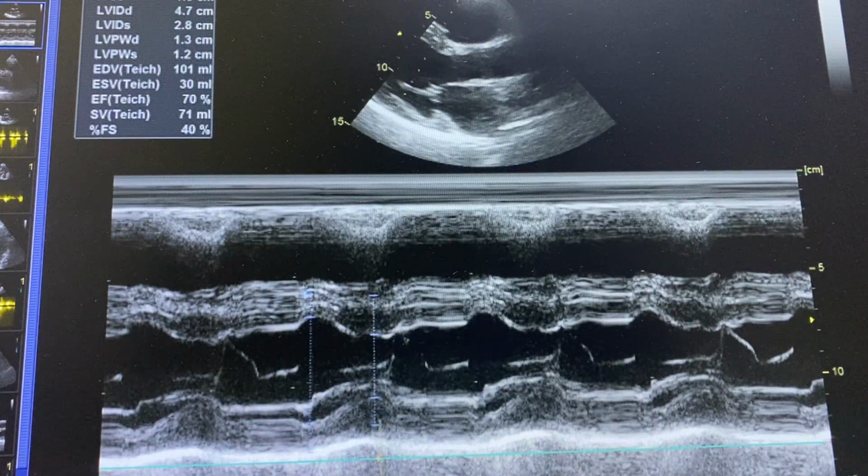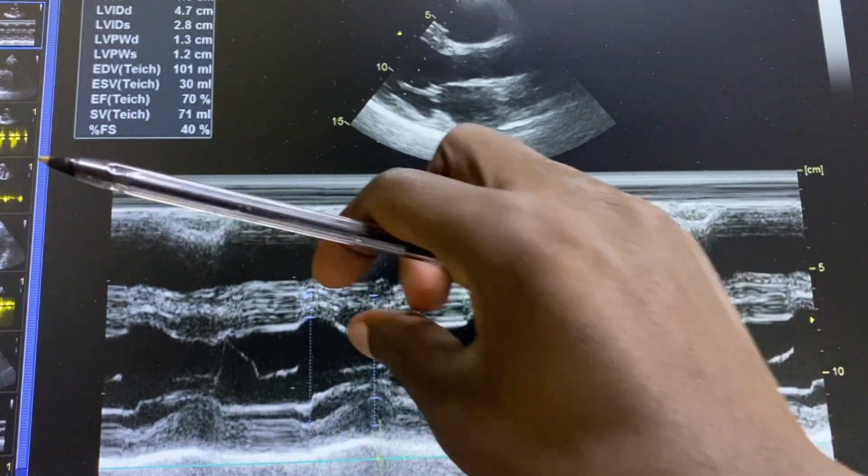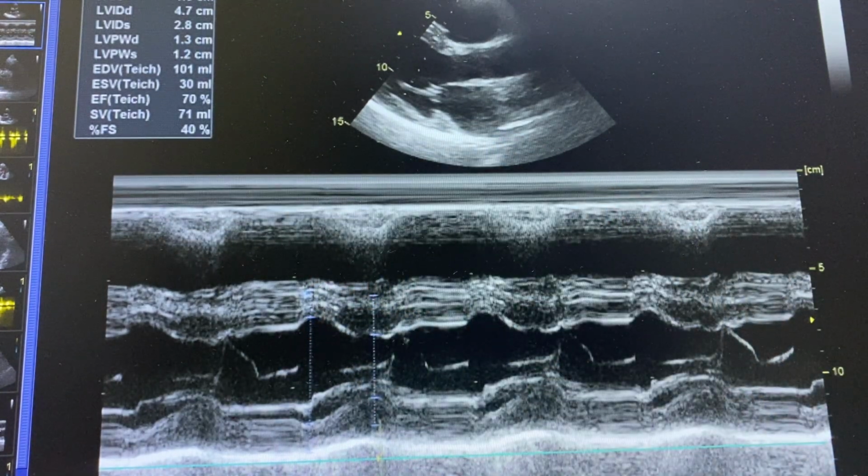Otherwise, you find this patient has LVH, yet there are no risk factors for LVH. This patient is not diabetic, is not hypertensive, so the chances of CKD are also slim. The chances of having LVH are slim. But if you measure all these things, you'll find that it's having LVH.